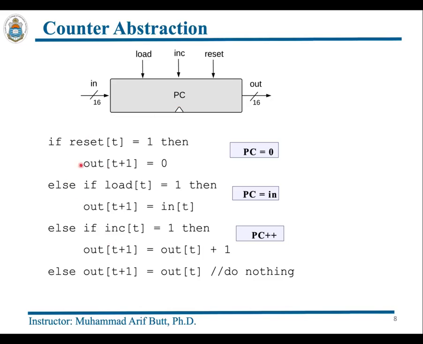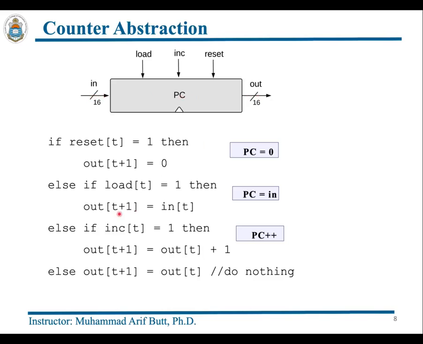So it is also shown over here. If reset at time t is 1, then in the next timing cycle we will get a 0 over here. In the same timing cycle we will have a 0 over here, and in the next timing cycle we will have a 0 over here. And if the load bit is 1 at time t, in the same cycle we will have a new value loaded inside this PC, the value over here in.